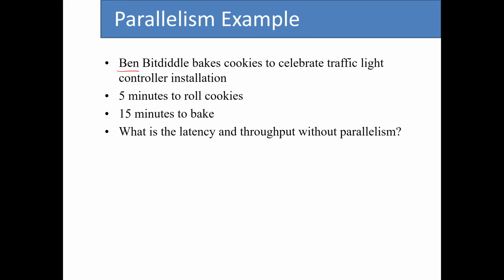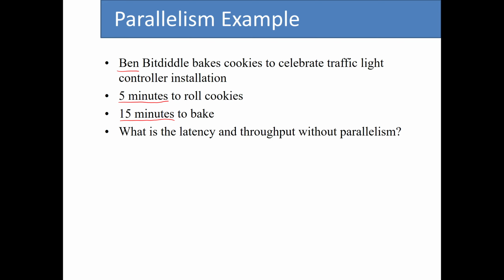For these cookies, it takes 5 minutes to roll the cookies and 15 minutes to bake the cookies. Now the question is, what is the latency and throughput without having any parallelism? If you remember, the latency was the total amount of time that it takes for each token to go from start to finish.